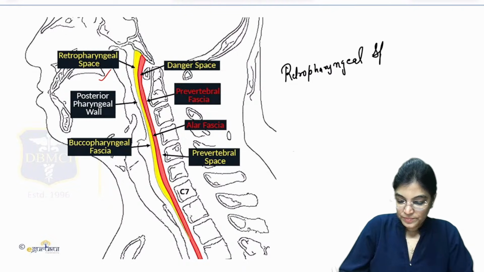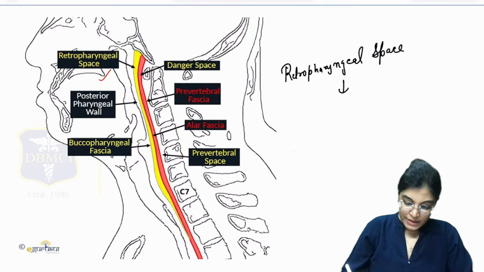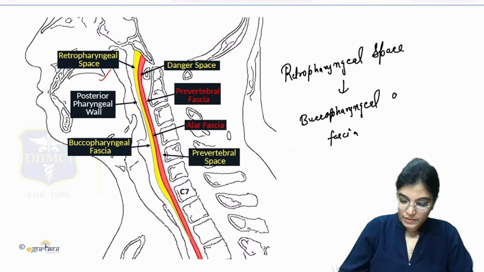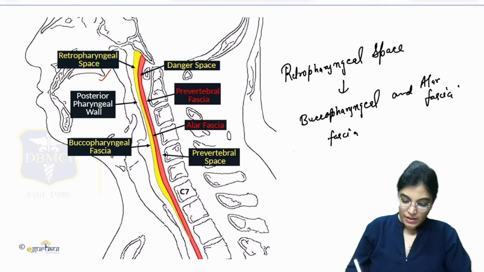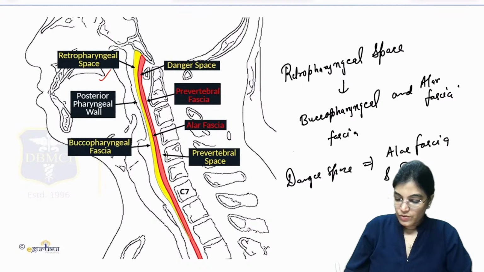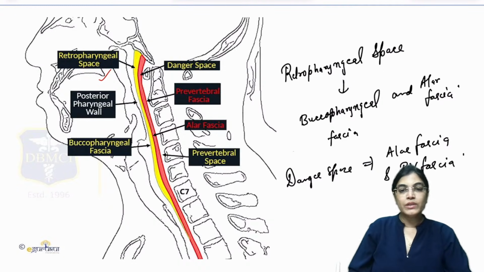Retropharyngeal space is between buccopharyngeal fascia and alar fascia, and the danger space is between alar fascia and prevertebral fascia, that is shown in red color.